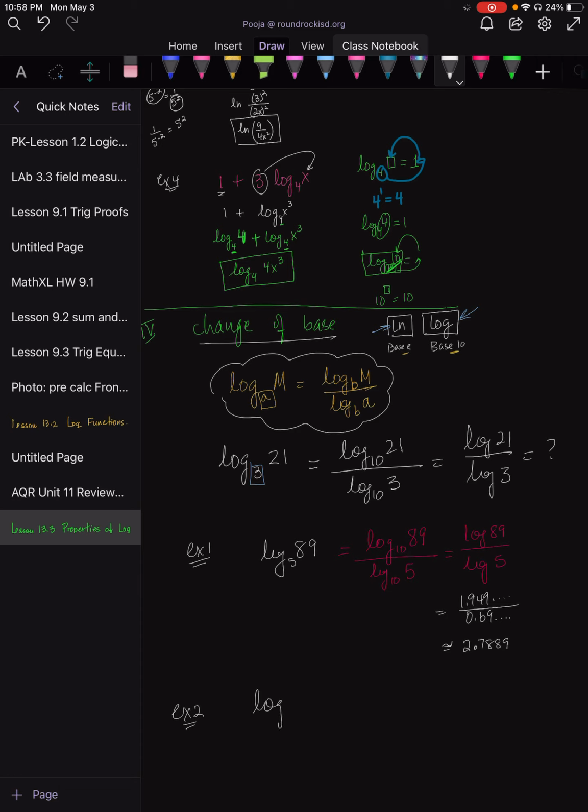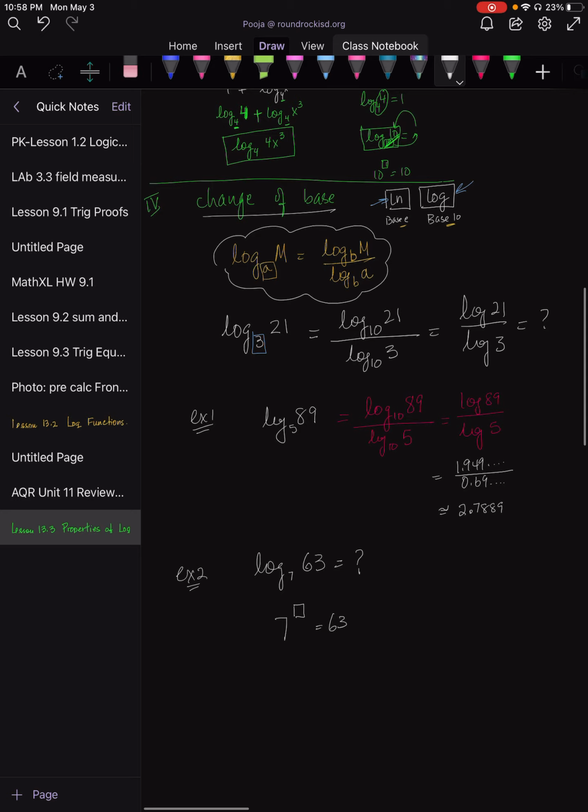Let's say we have log, a weird base 7, of 63. So what is the question even asking me? I have to evaluate it, right? It's basically asking me 7 to what power equals 63? Well, the answer is going to be a long decimal.